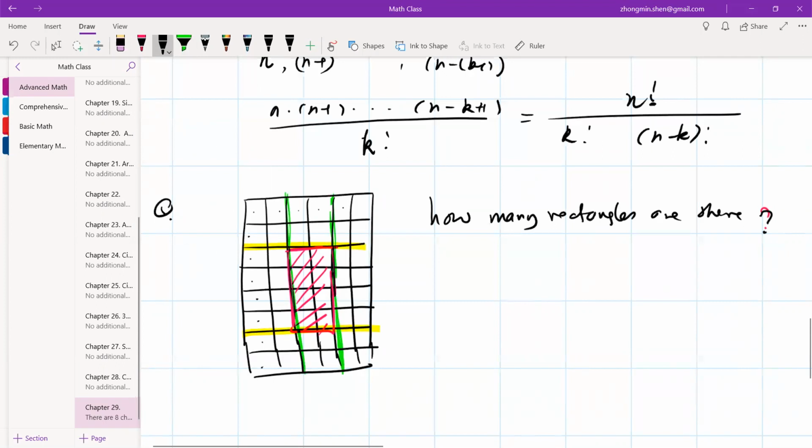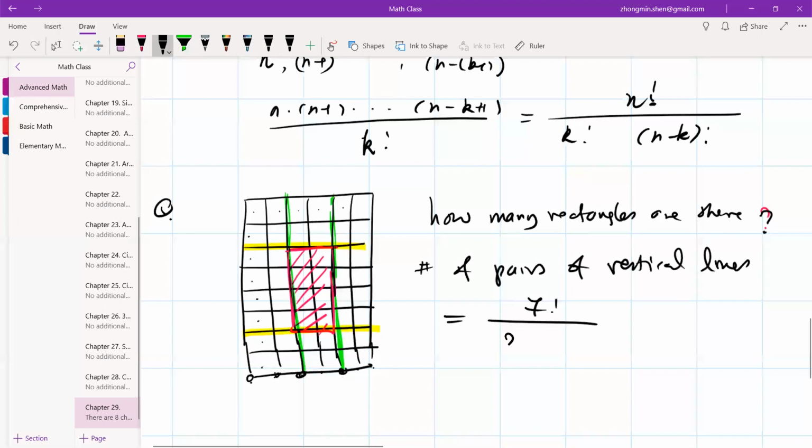For the vertical lines, you just need to determine a pair of them. How many vertical lines are there? 1, 2, 3, 4, 5, 6, 7. There are 7 vertical lines. How many pairs of vertical lines are you going to get? The number of pairs is 7 factorial divided by 2 factorial times 5 factorial, which is 21.